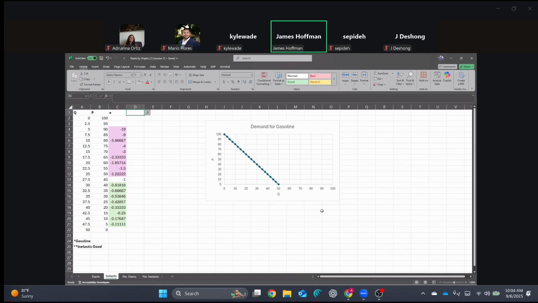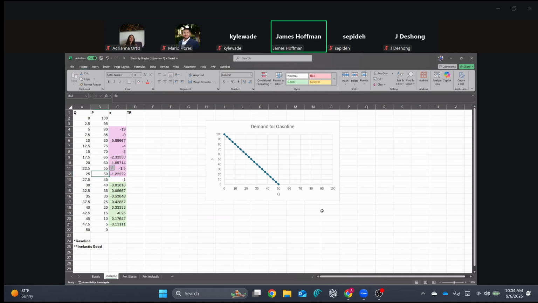So if I were to calculate total revenue, let's just do it to illustrate the concept. Let's say we're pricing at $50. We want to check increasing the price to 55.